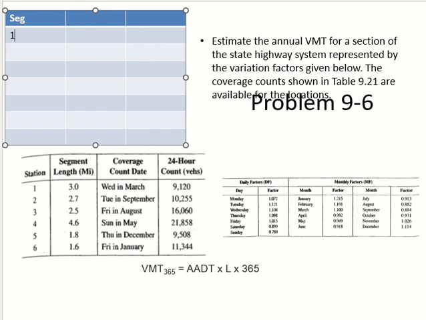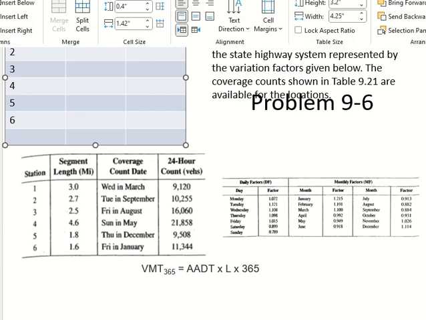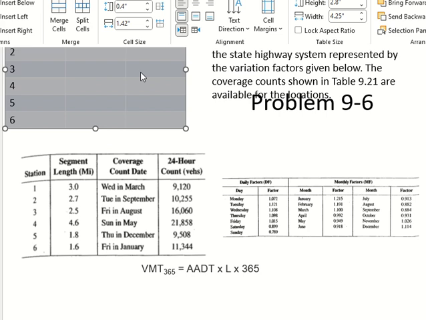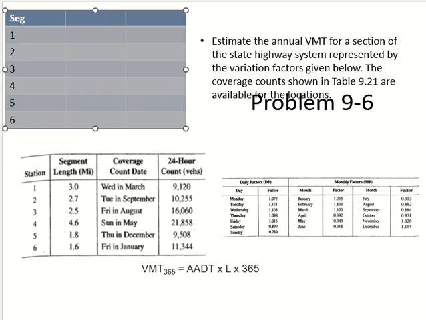So we have segments 1, 2, 3, 4, 5, 6. AADT, then VMT times 365. For example, if you take the first one, Wednesday, March.